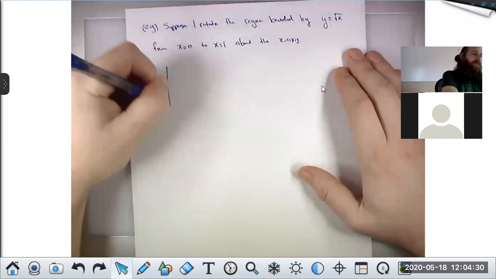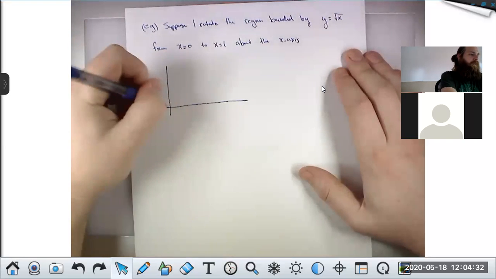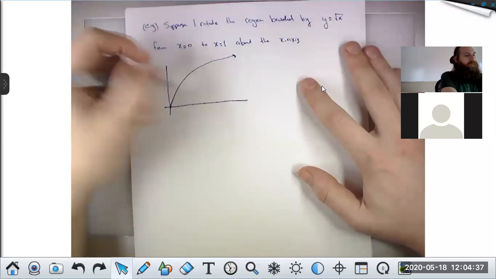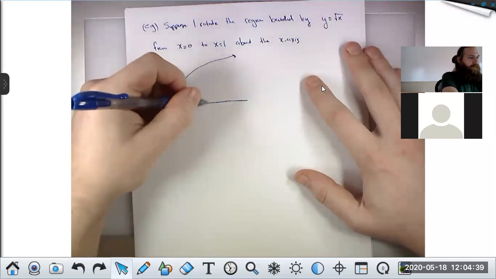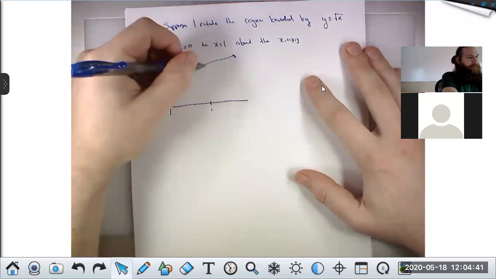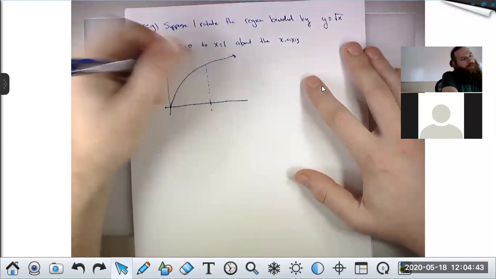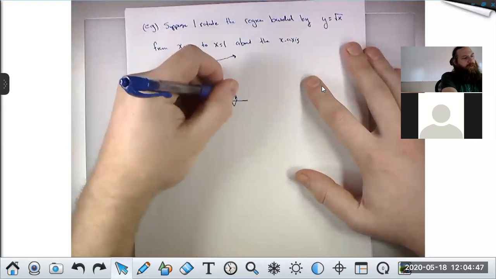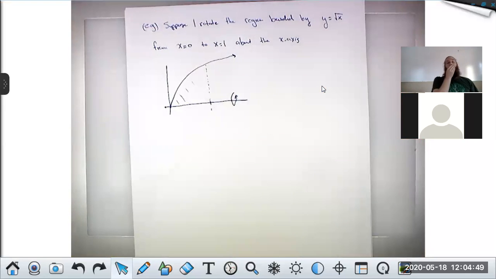So I take my good old square root function, which looks like this, from x equals 0 to x equals 1. I take this region and I spin it around like that. That's going to sweep out a solid that kind of looks like a sideways bowl. It's a, what is this called?